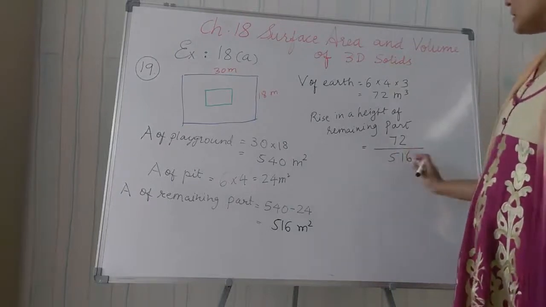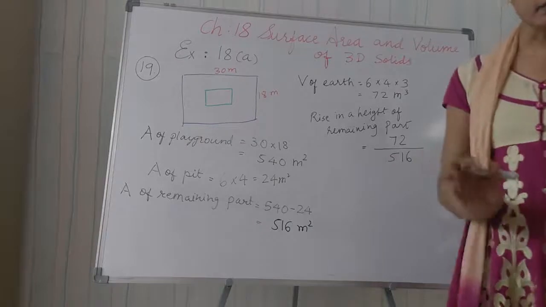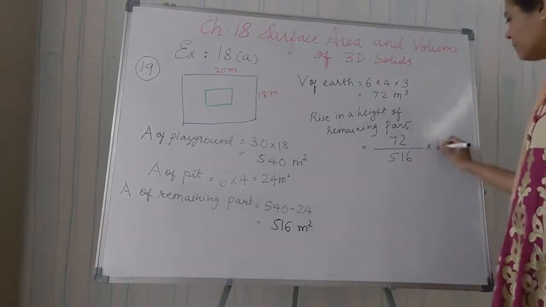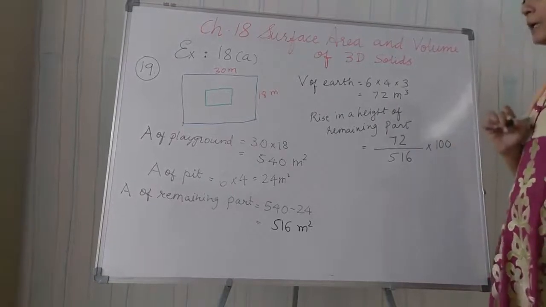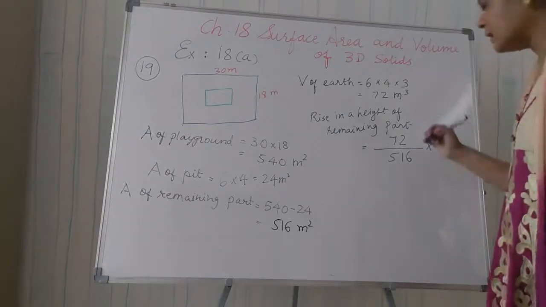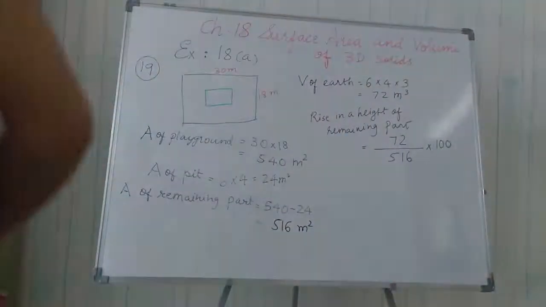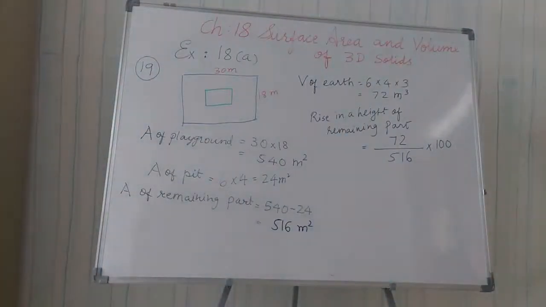But students, this answer we get in meters and we want to find our answer in centimeters, so I will multiply it by 100. So it will come in centimeters, as they asked to get the answer in centimeters.